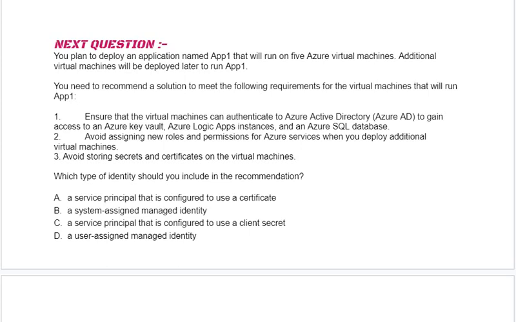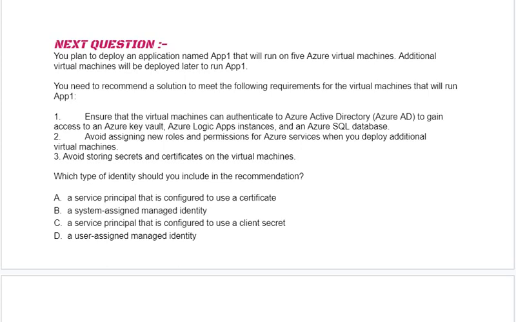First, ensure that the virtual machines can authenticate to Azure Active Directory (Azure AD) to gain access to an Azure Key Vault, Azure Logic App instances, and an Azure SQL database. Second, avoid assigning new roles and permissions for Azure services when you deploy additional virtual machines. Third, avoid storing secrets and certificates on the virtual machines. Which type of identity should you include in the recommendation?